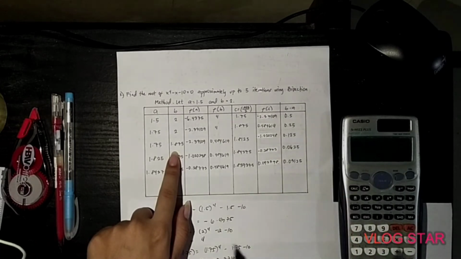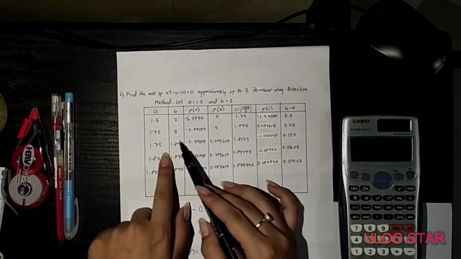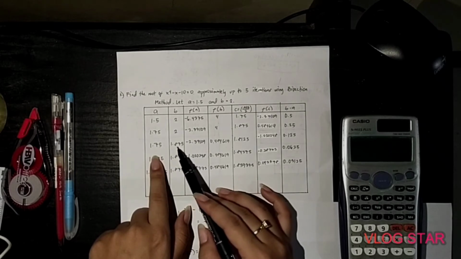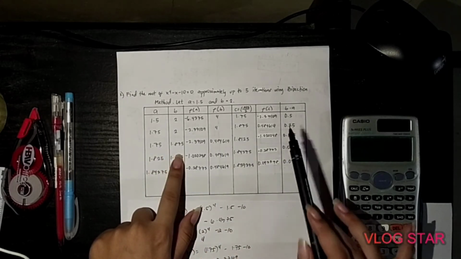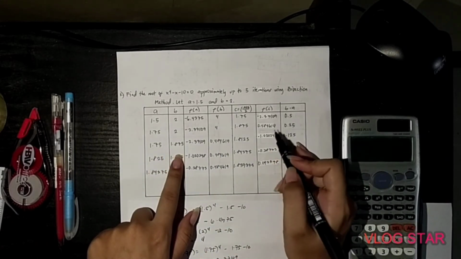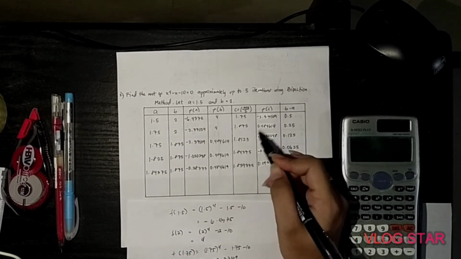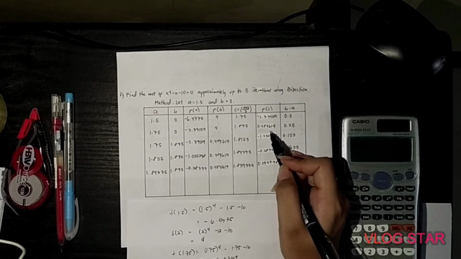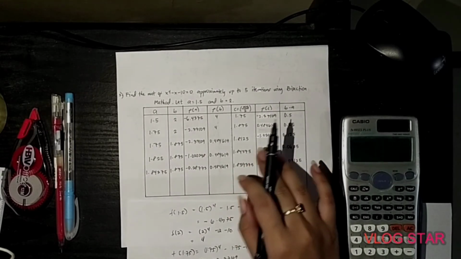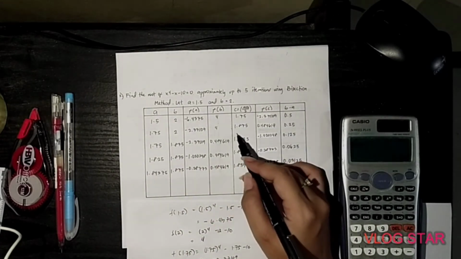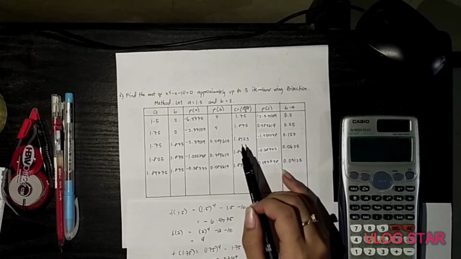And simply subtract this 1.75 from 1.875 and you're going to get this. So again, the value of f of c, the function of c, is equal to the negative value. So again, a will change to this one, the value of c.